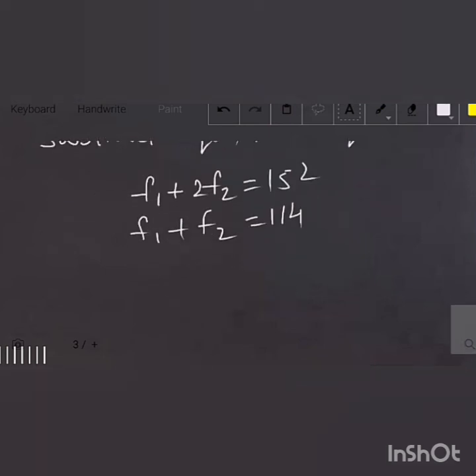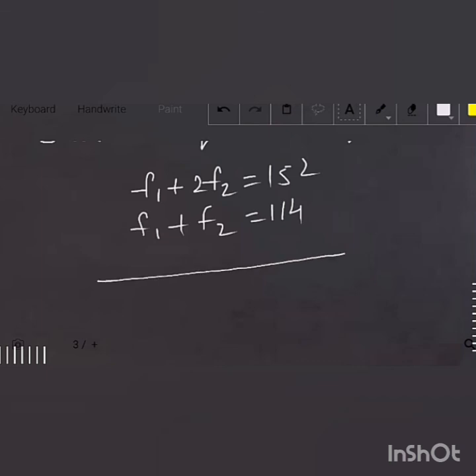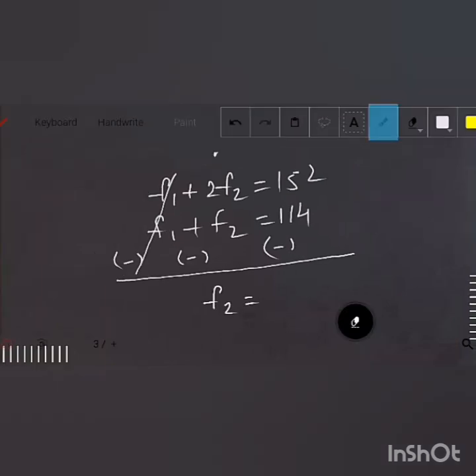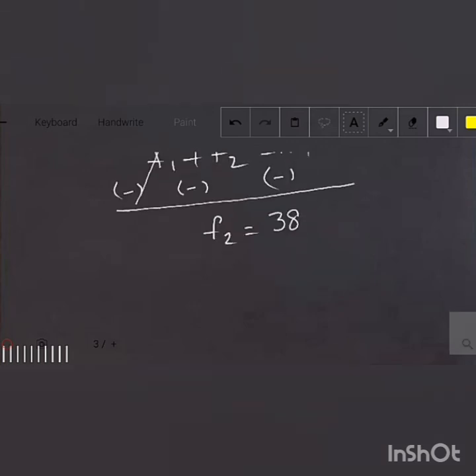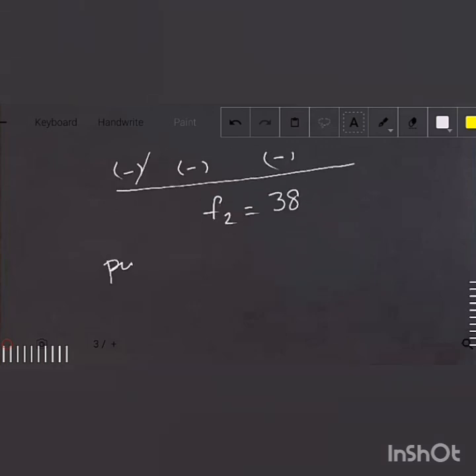When we subtract, the signs change. f1 and minus f1 cancel. 2f2 minus f2 is f2, equal to 152 minus 114, which is 38. This is the f2 value.